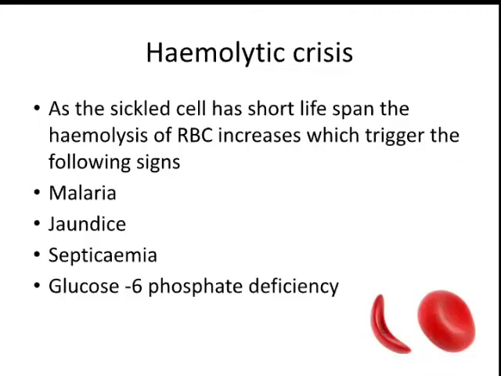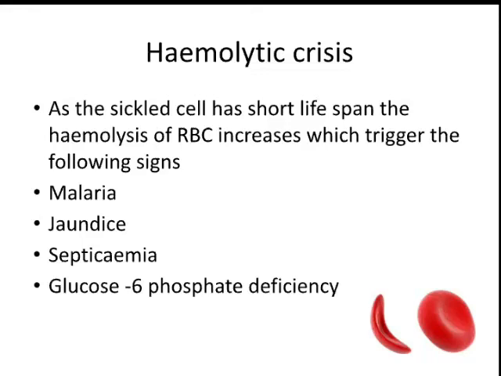The next is hemolytic crisis. So hemolysis means what? Death of the RBCs. As we discussed, the lifespan is usually 120 days in a normal RBC, but here it is 30 to 40 days. So hemolysis happens very frequently compared to a normal person because of the short lifespan of the sickle cell.